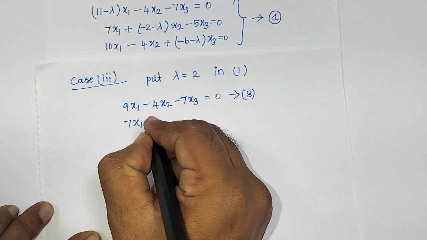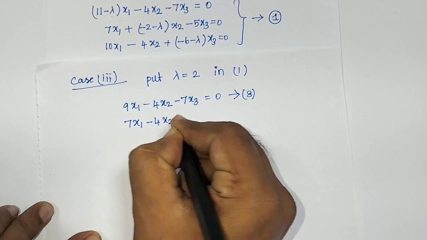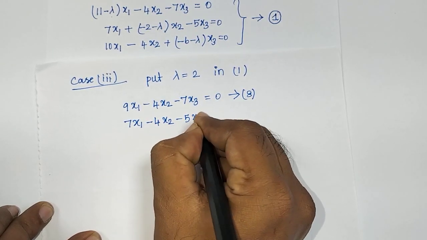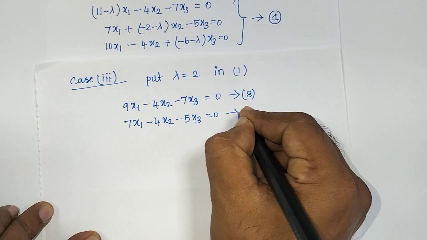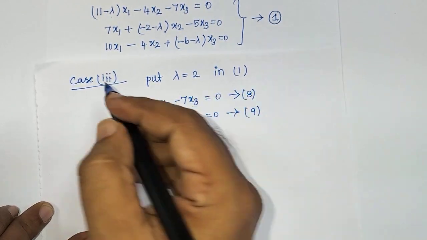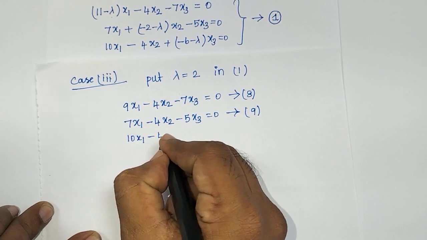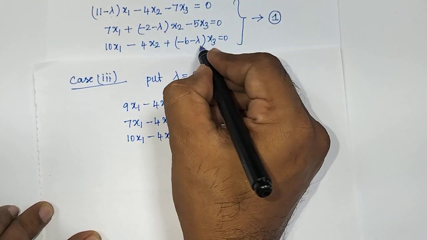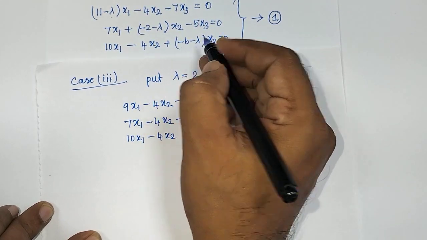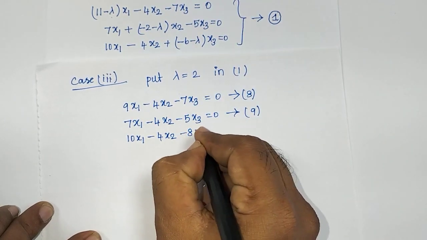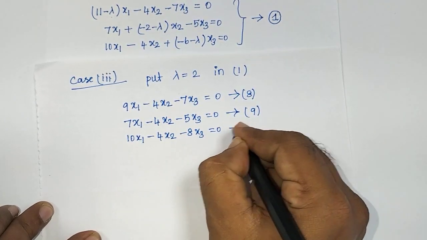Minus 2 minus 2, minus 4x2 minus 5x3 is equal to 0, equation number 9. Next one, 10x1 minus 4x2. Here you can substitute lambda equal to 2. Minus 6 minus 2, minus 8x3 is equal to 0.